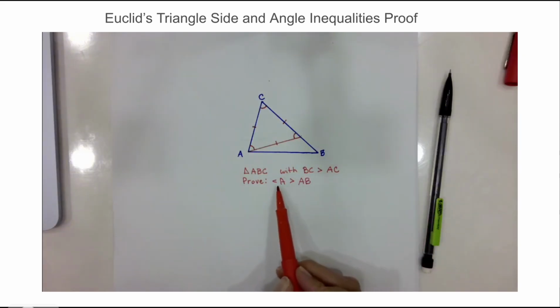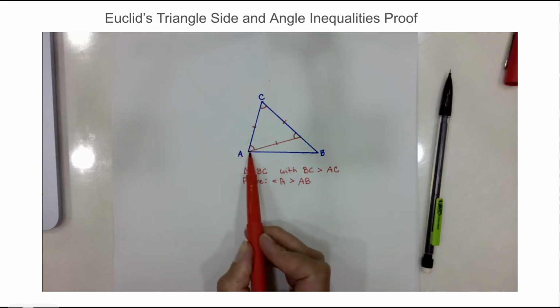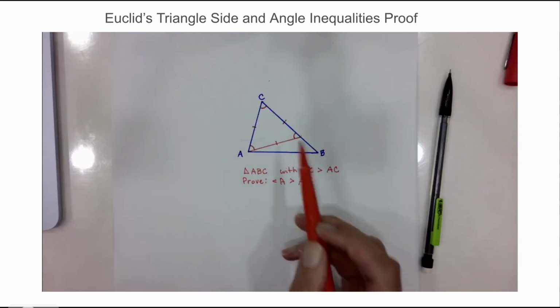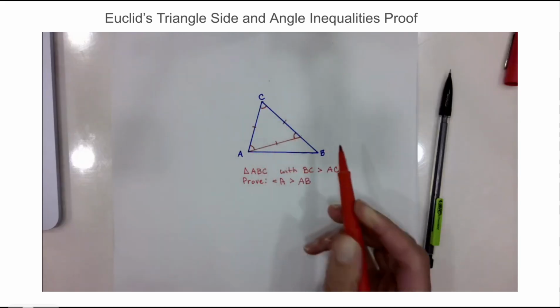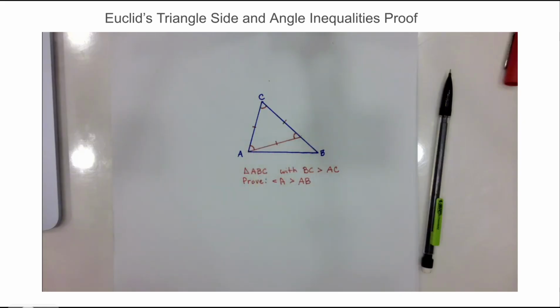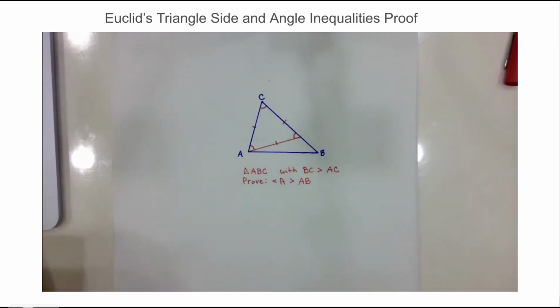So remember, our goal is to prove that angle A is greater than angle B. Have we already kind of shown that by making an equilateral triangle and seeing that angle A is greater than that? No, I don't think we've done it yet, but we're on our way. So now that we've redrawn that and you've learned how to redraw it, we're actually just going to be going through the book now.